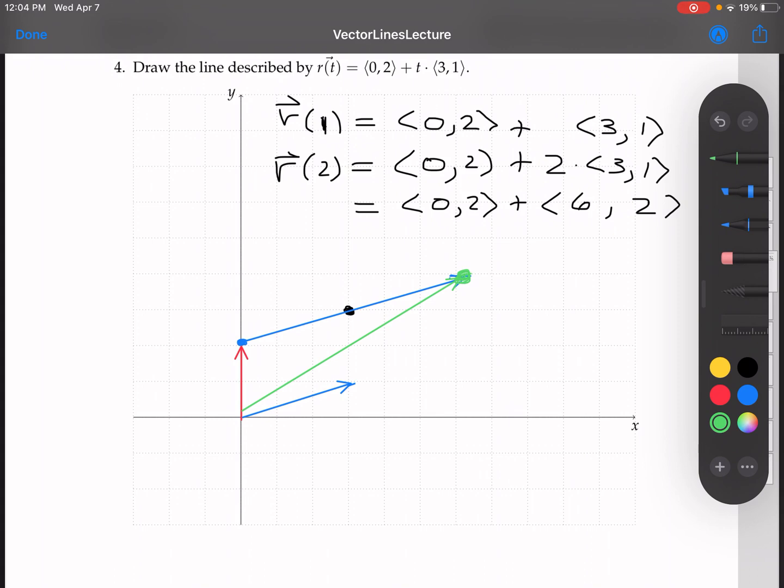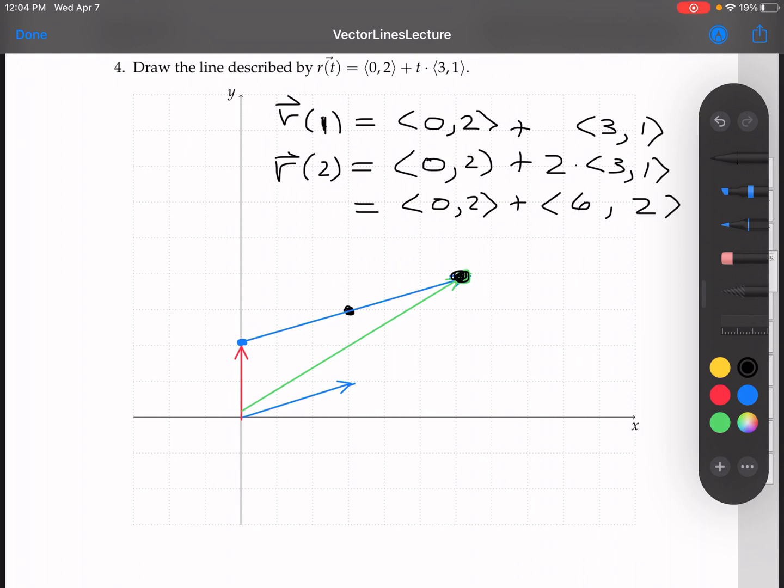Now you can kind of see what's happening, right? 2 points define a line in the plane. And because we're in Calc 2, this is exactly what we're doing. In Calc 3, things will be a little different when you have 3 or more dimensions, and you can think of this as just getting you ready for that. But you can see that we are, in fact, drawing the blue line that goes through those 2 dots.